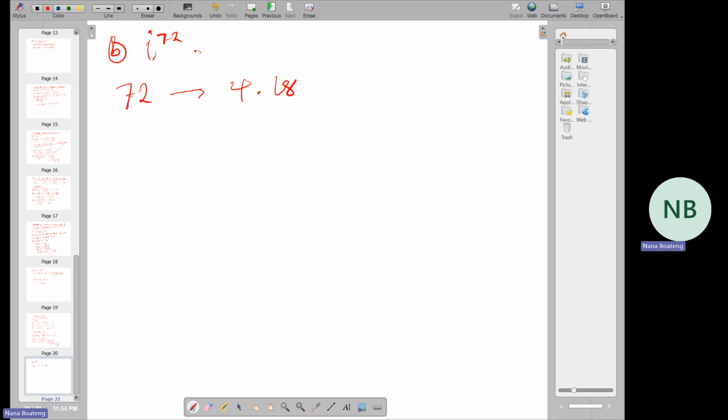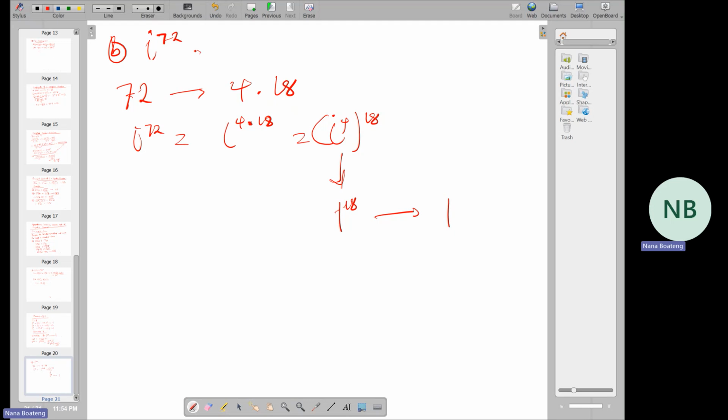So we can write i power 72 as i power 4 times 18. And so it's equal to i power 4, all to the 18. And i power 4 is 1. So this is 1 power 18. 1 power any number is still 1. So we get 1 for this. So this is how we simplify i power 72.